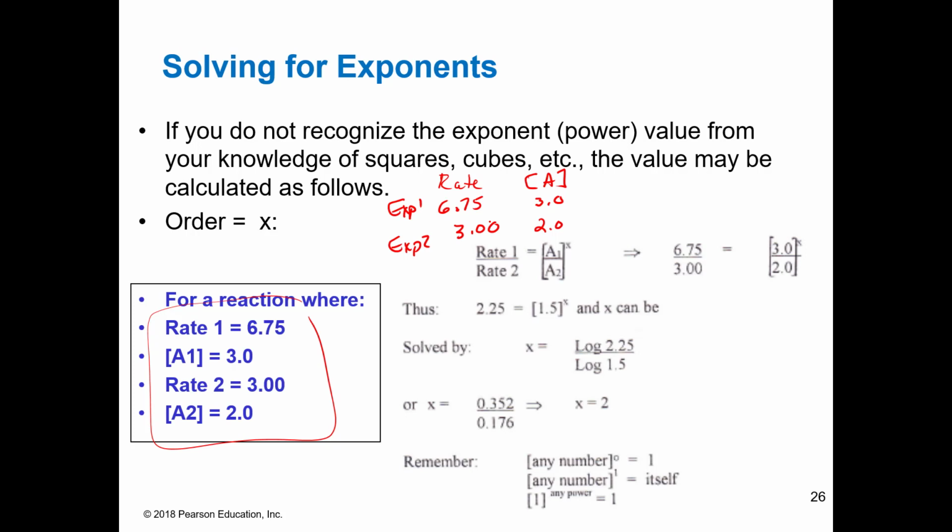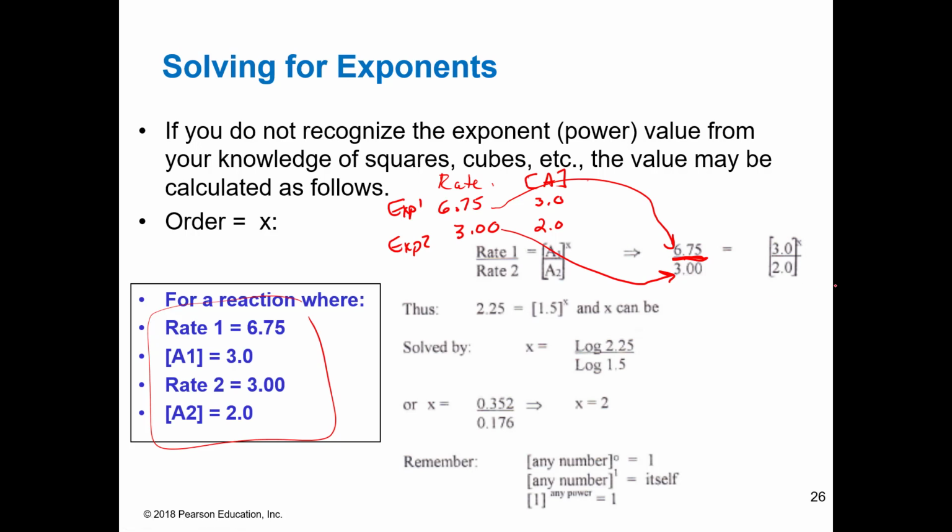So if you're trying to figure out what the exponent is for A, you look at the 2 experiments, you look at the rate, and you look at the concentration, and then you're going to write in the ratio and proportion basically. So you would do the rate of 1 over 2, so that's the 6.75 and the 3.0, okay?